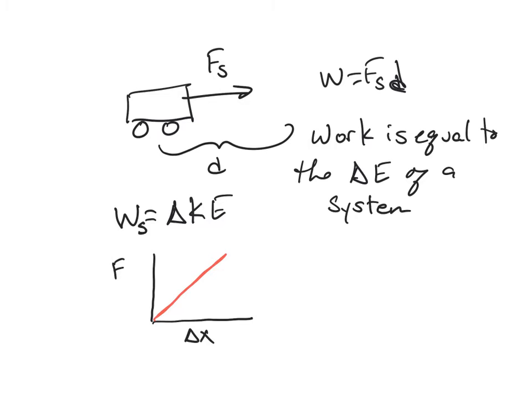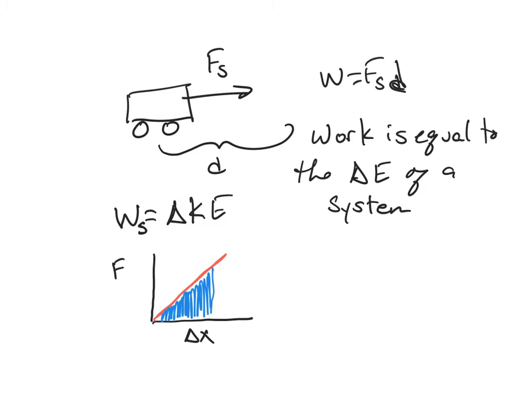As we've done with a number of these, and as we did that very first day, what we find is that it's the area under this graph that is important. The area under this graph gives us the work done on the cart because it is F times x.